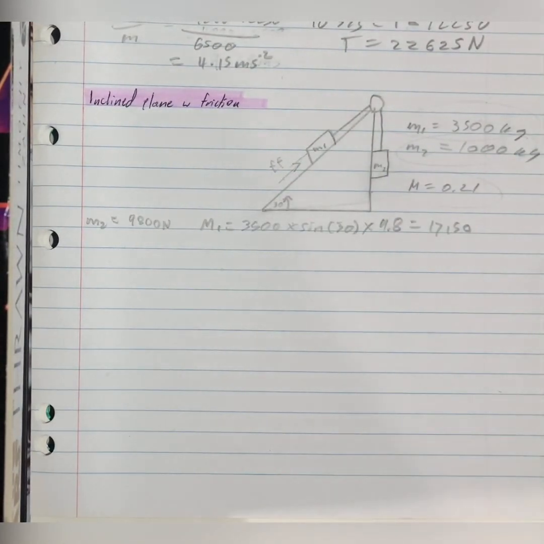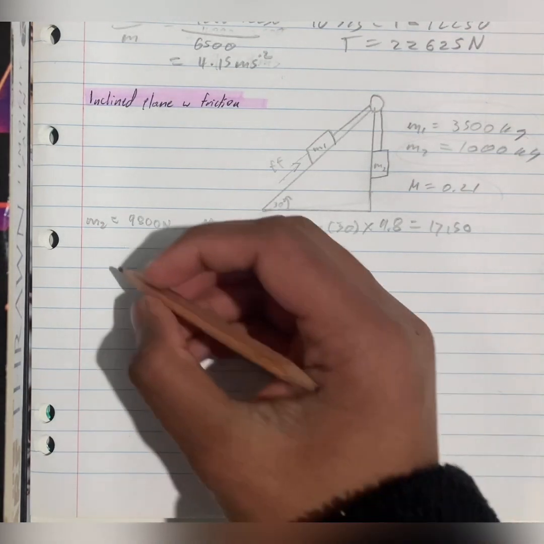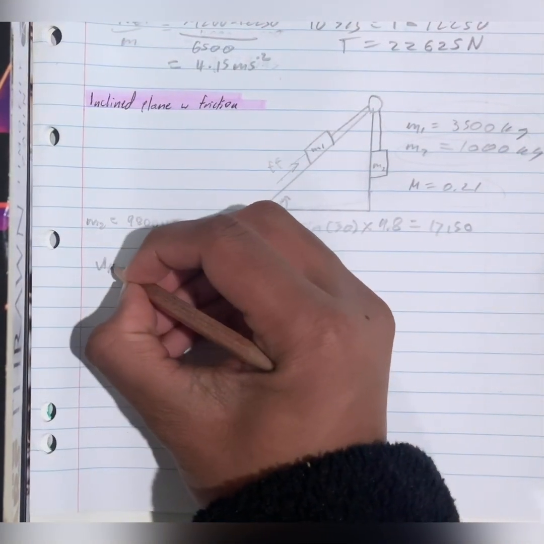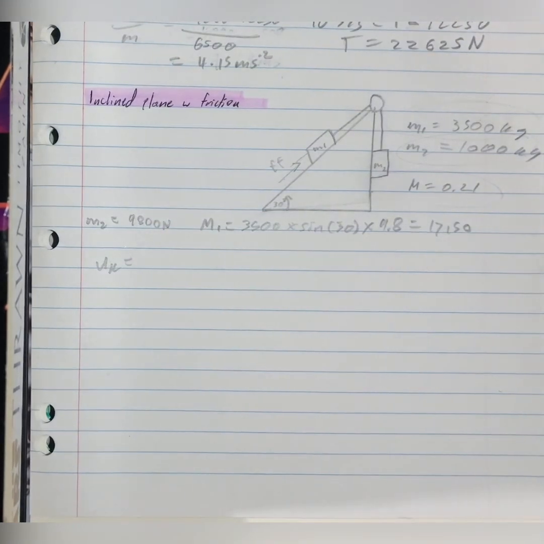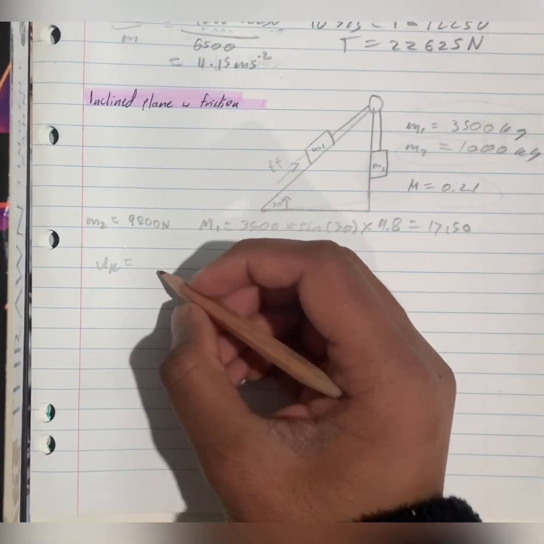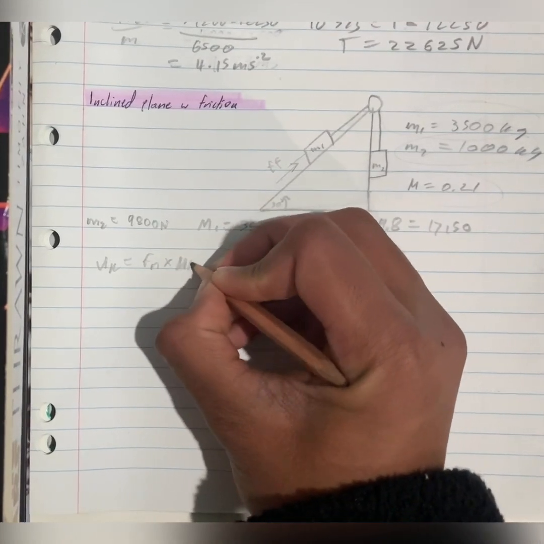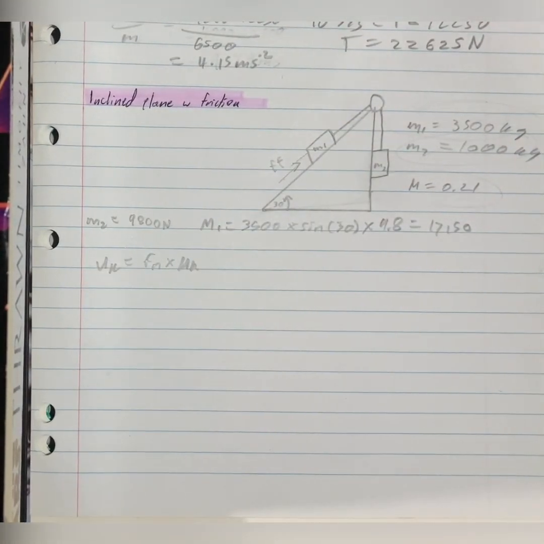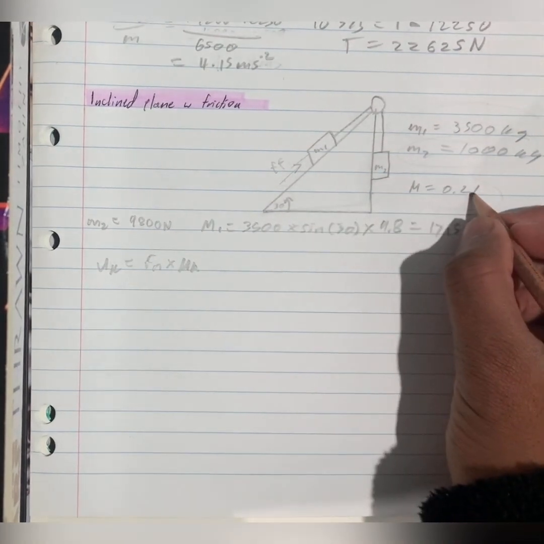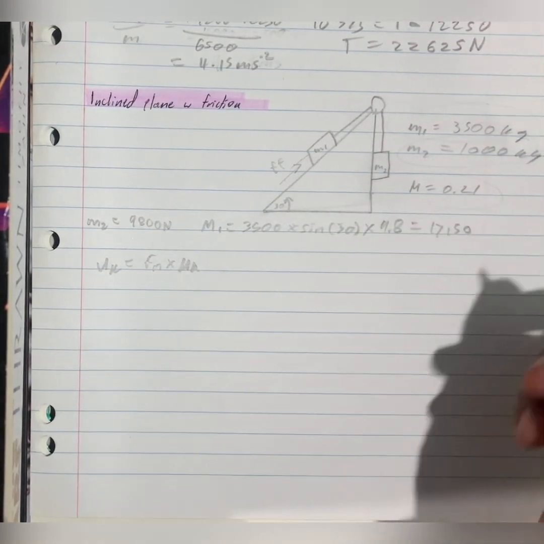Now, how would you calculate friction? Well, kinetic friction is just equal to the normal force multiplied by the kinetic friction coefficient. So we just need to find the normal force and multiply it by the kinetic friction coefficient, which is given to us, which is 0.21.